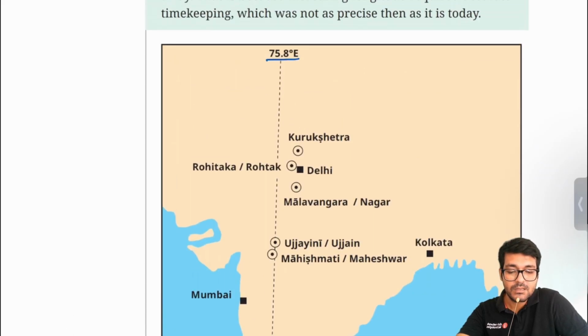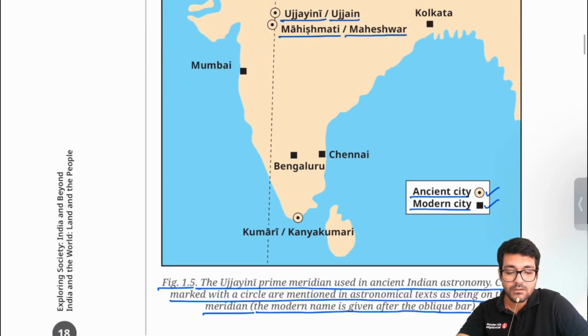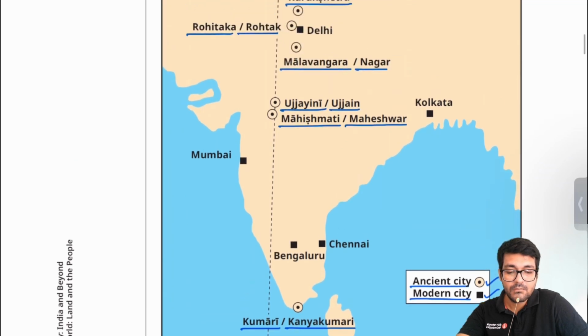Some ancient cities are Kurukshetra, Rohitak, modern name Rohtak, Malwangara, modern name Nagar, Ujjaini, modern name Ujjain, Mahismati, modern name Maheswar, Kumari, modern name Kanyakumari.